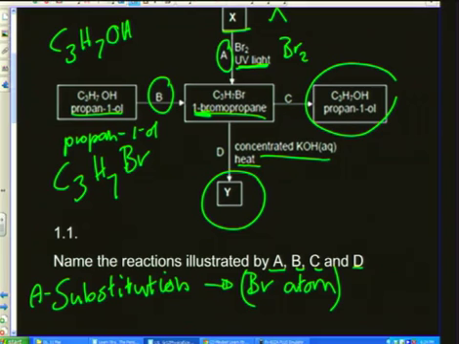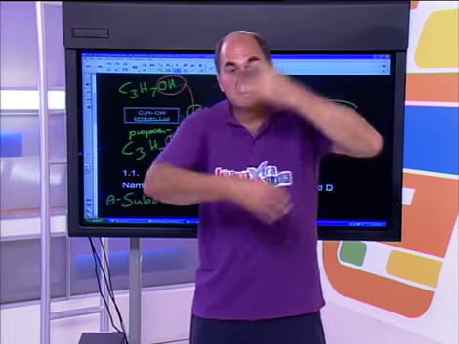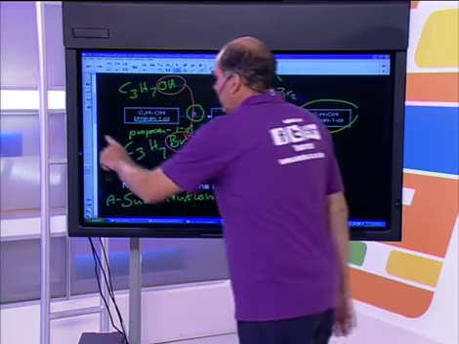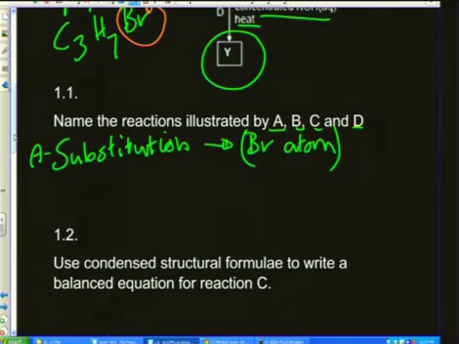So what do you think has happened? We were OH, and now we are Br. What do you think? I think it's substitution. So number B is also an example of substitution.